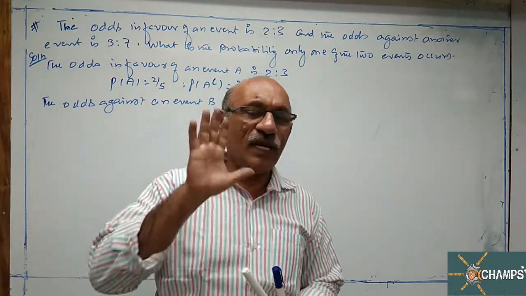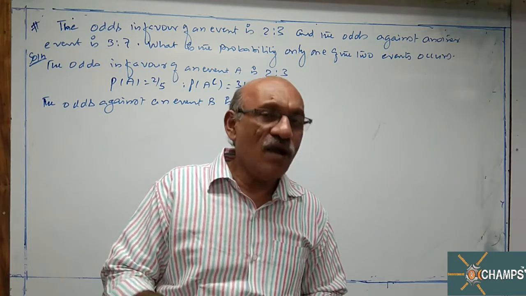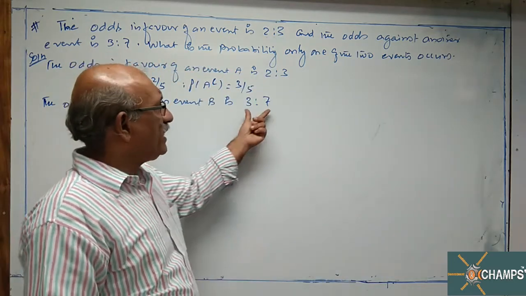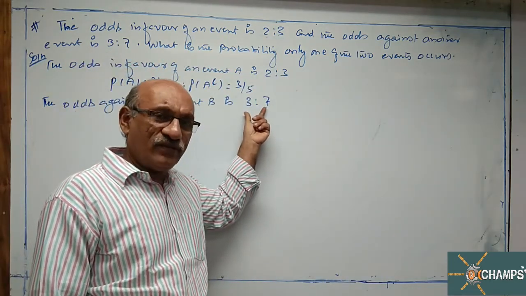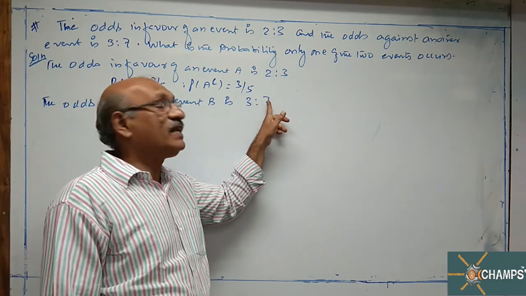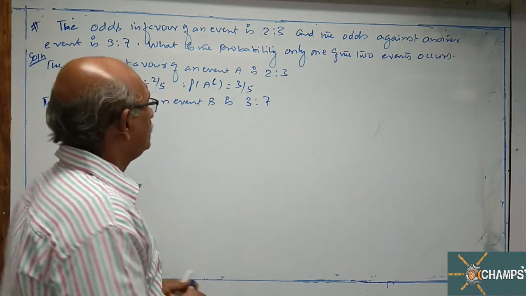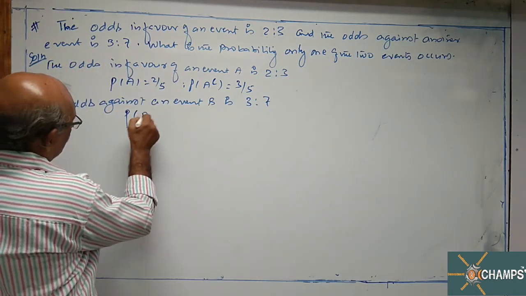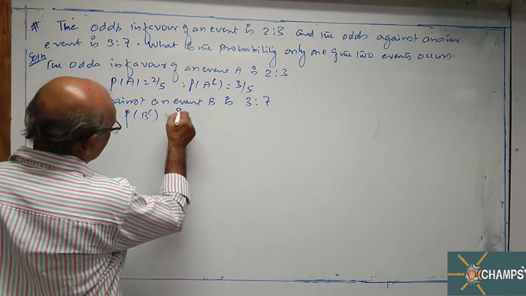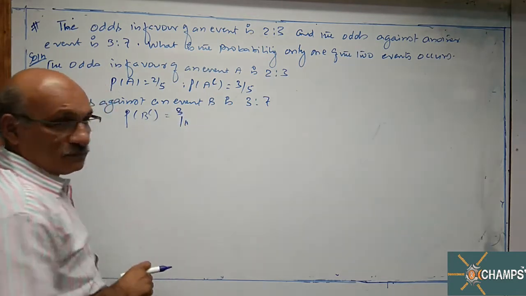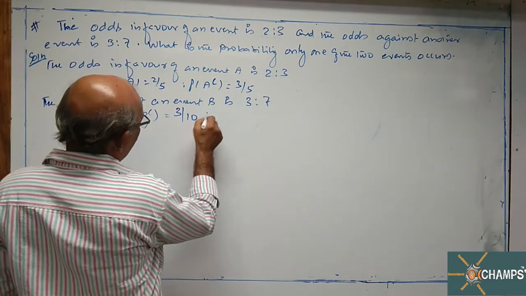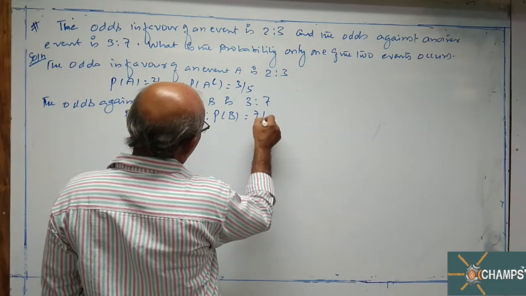Out of 10 cases, 3 cases are not supporting the happening of an event, and 7 cases are supporting the happening of an event. So how can I write this? Probability of B complement is equal to 3/10. Probability of B is equal to 7/10.